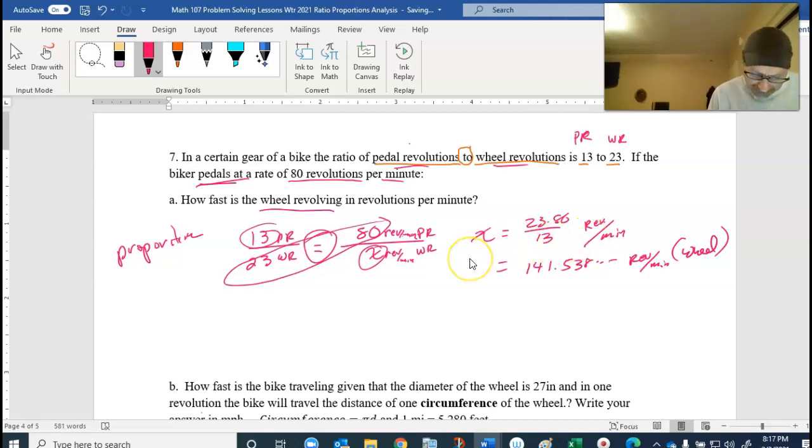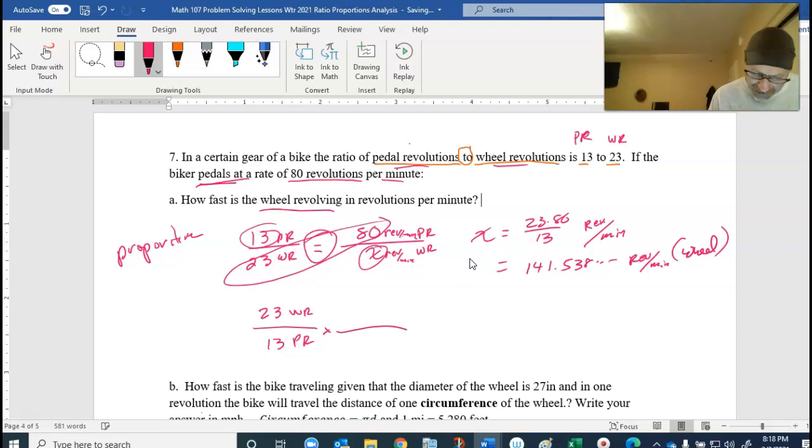Now, here's another way you could have done it. If you have 13 pedal revolutions compared to 23 wheel revolutions, and you used a unit ratio multiplier, pedal revolutions would have had to go down here. We want wheel revolutions per minute in the end, so we'd have to put 23 wheel revolutions up here and 13 pedal revolutions down here.